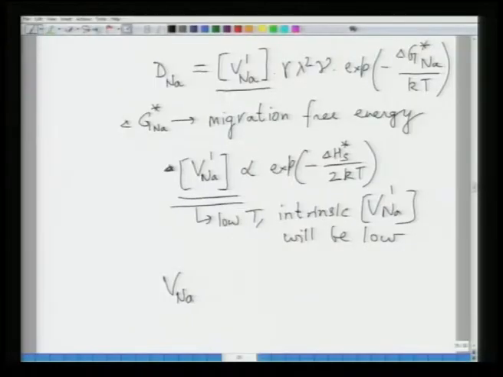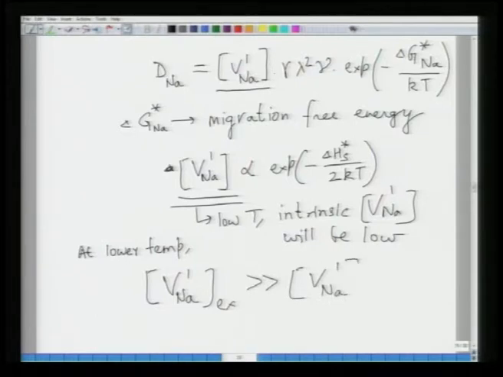If you have CdCl2 present in larger quantities than the number of vacancies created by intrinsic ionization, then at lower temperatures V_Na extrinsic, which is due to the presence of CdCl2, will be much larger than V_Na intrinsic.